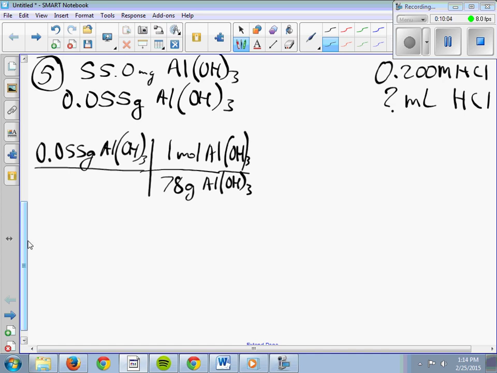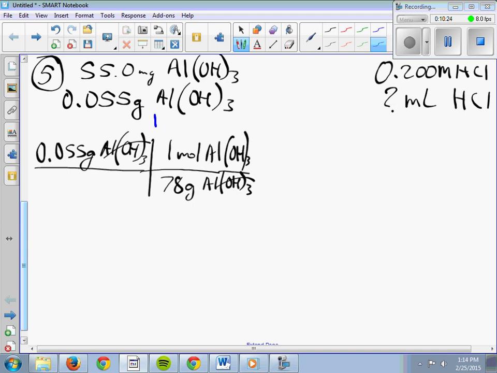So now I'm at moles of the base, and I want to get to moles of acid. I forgot to do a very important first step. I forgot to balance the equation. I know. I got so excited to do the stoich that I forgot to balance the equation.